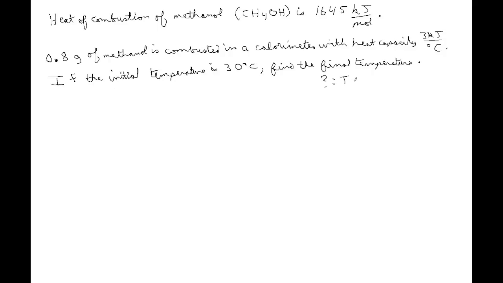So we can take 1645 kilojoules per mole, and then we have to multiply that by, let's see, first actually we'd have to take 0.8 grams of methanol, and then divide it by 12, 16 plus 4, 32 grams per 1 mole.